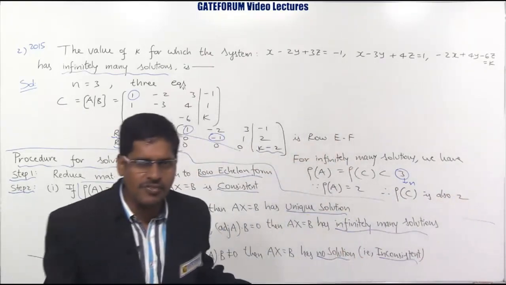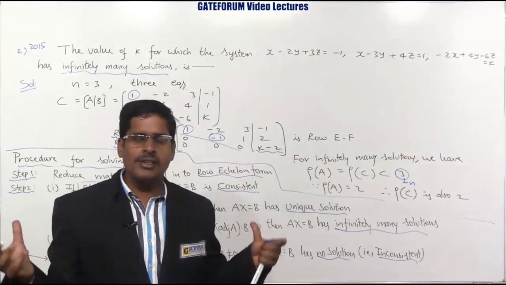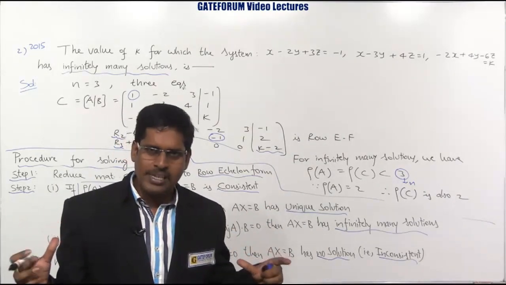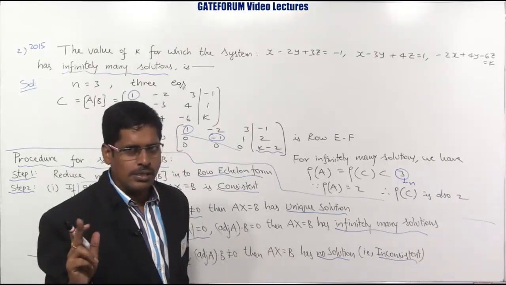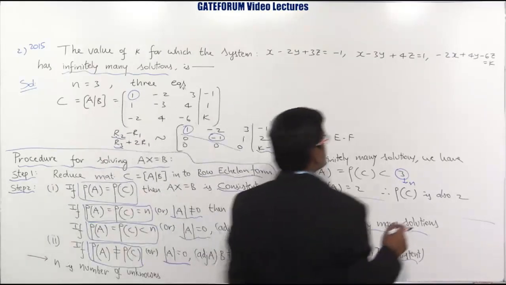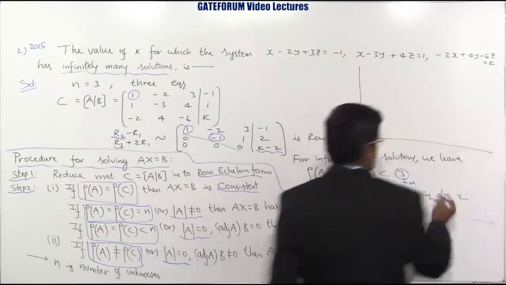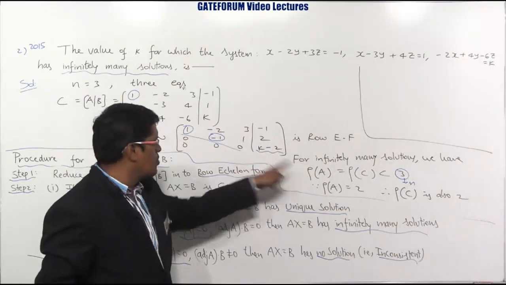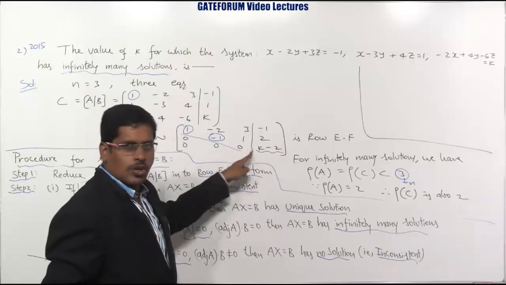What is the rank of a matrix definition? The number of non-zero rows of a matrix is called the rank of that matrix, provided that the matrix is in row echelon form. Okay. So here rank C is also 2. When the rank of this matrix is 2, it means the matrix has 2 non-zero rows only.